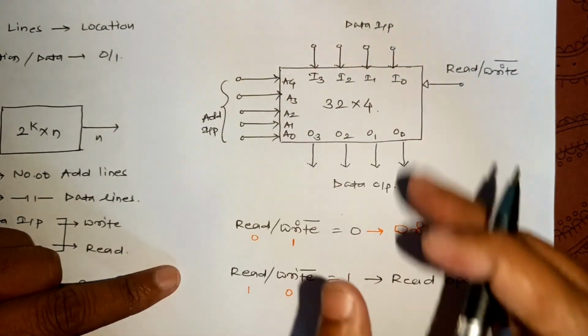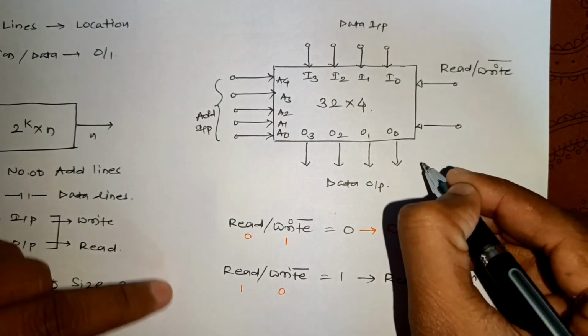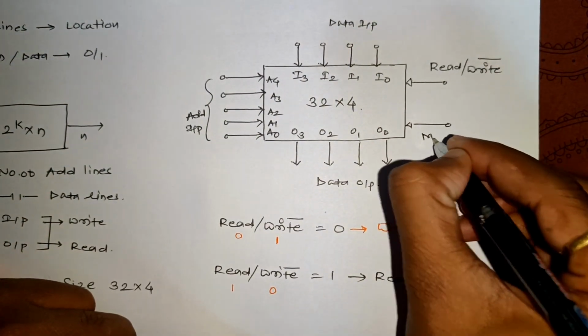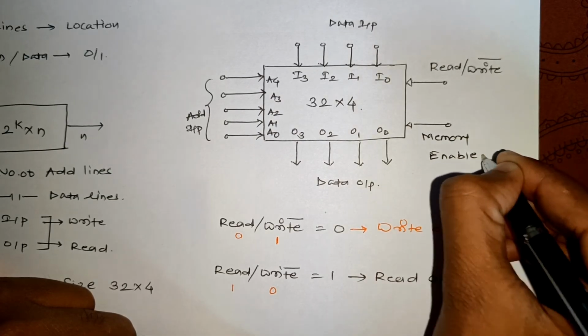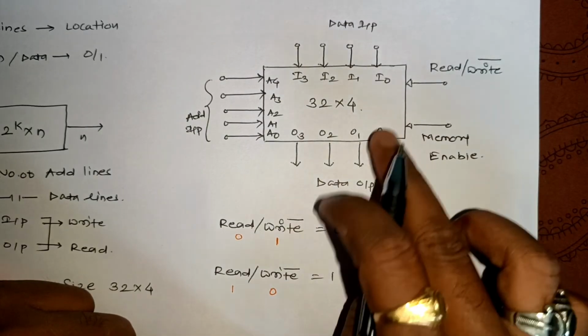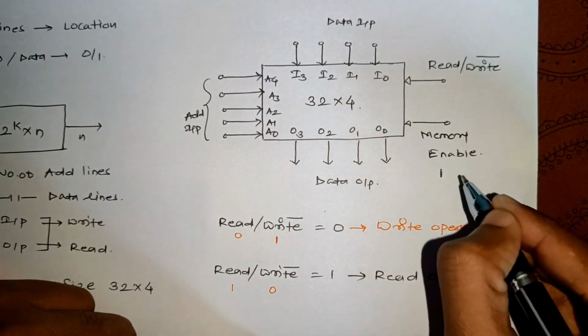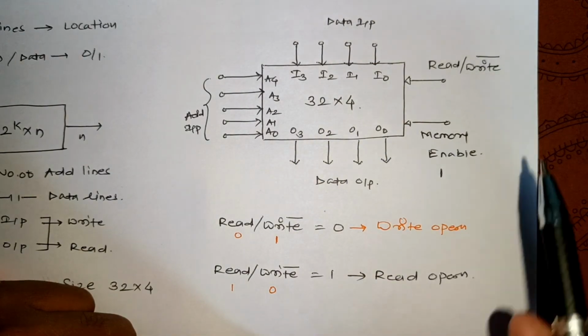फाइनली मेमोरी एलिमेंट को इनेबल करने के लिए हम एक कंट्रोल सिग्नल यूज करेंगे, इसको हम कहते हैं मेमोरी इनेबल. Okay, now what it does, it acts as a control signal. So in this case if it is 1, then only data can be written or it can be read.